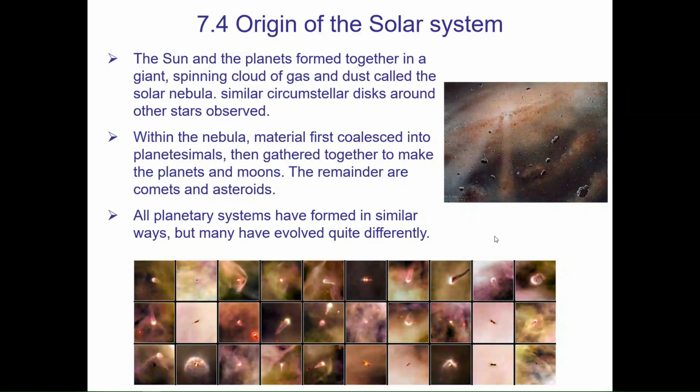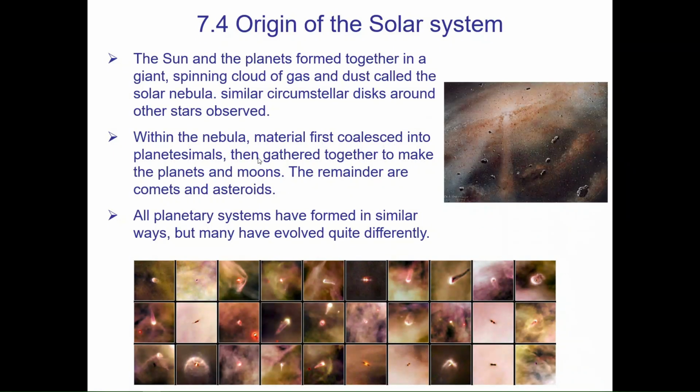And how do the planets actually form? We believe that material first coalesced into planetesimals. Planetesimals are not yet planets, but they are like seeds that later grow into planets.